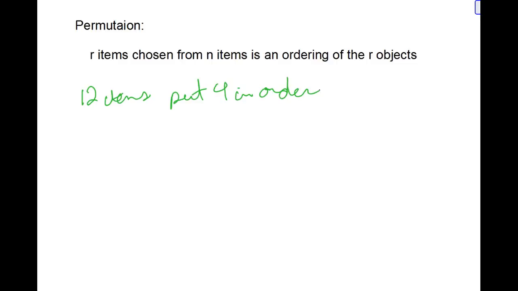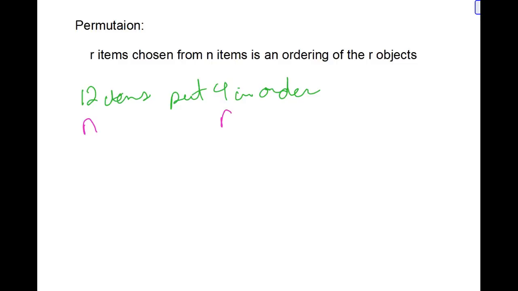So my 4 is actually going to be my R, and my total is my 12, my N. Notice my N has not changed throughout this entire time. It's still my total that we're looking at. I'm choosing R, or 4 items in this case.